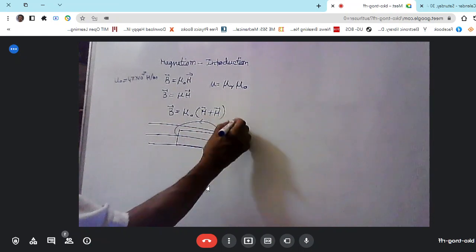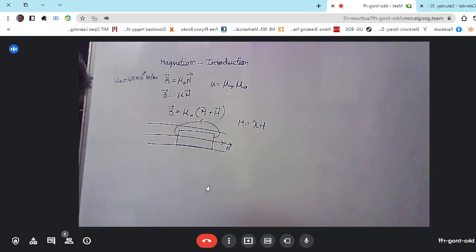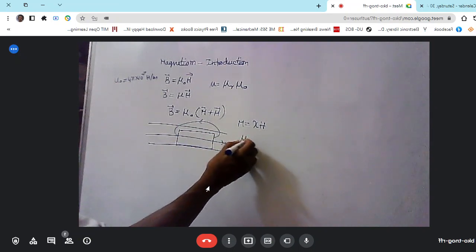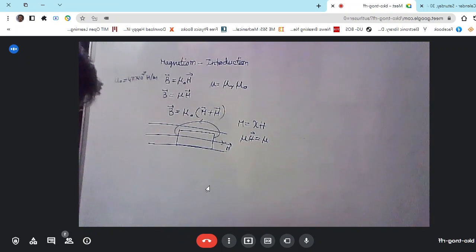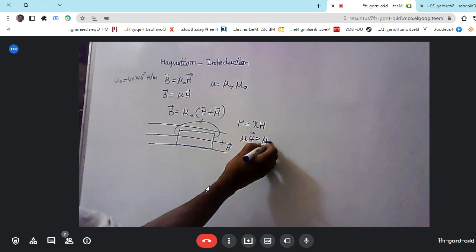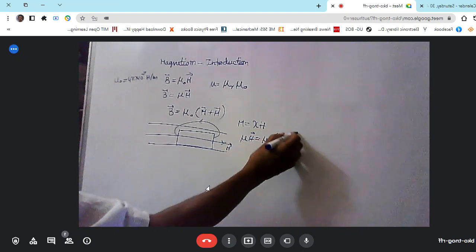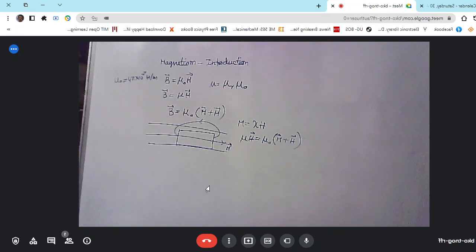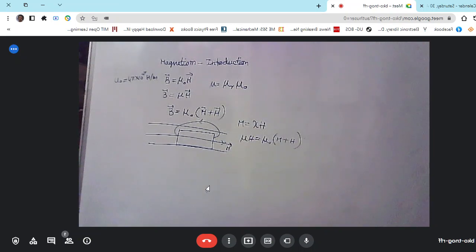And also capital M equals chi into H. So if I put it here, then mu H equals mu naught into M plus H. So take the scalar value of it, we are forgetting that they are vectors.